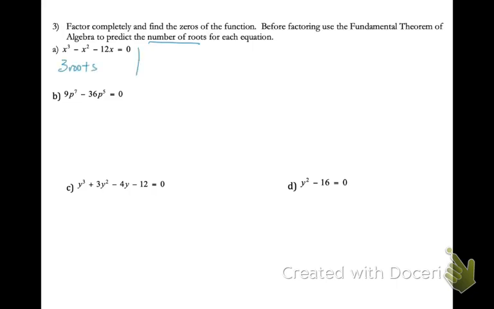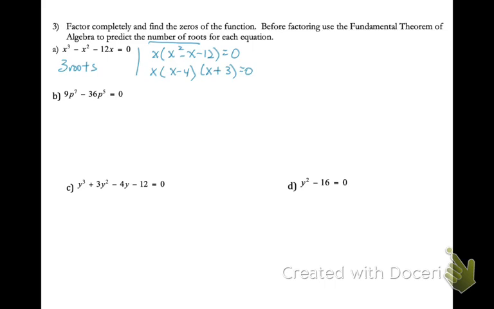Now remember that factoring process. The first thing you want to do is look for a common factor, and we have a common factor of x, so we'll factor that out. Now we look within our parentheses. Notice we have 3 terms. So remember what we'll do? That's right. We'll look for quadratic factoring. Two numbers that will multiply to give us negative 12 and combine to give us negative 1.